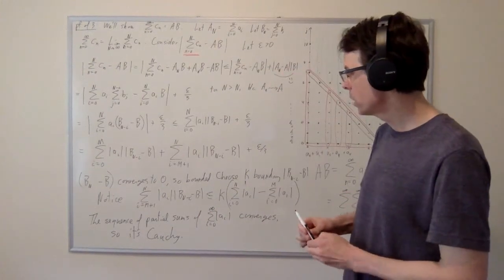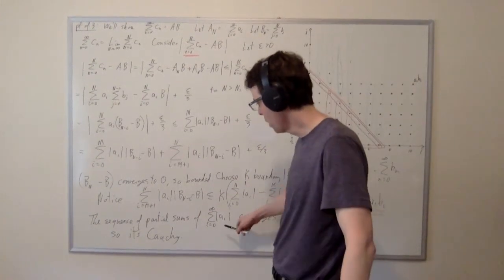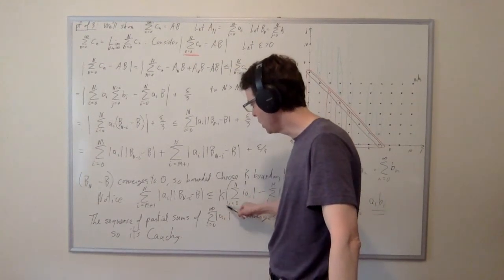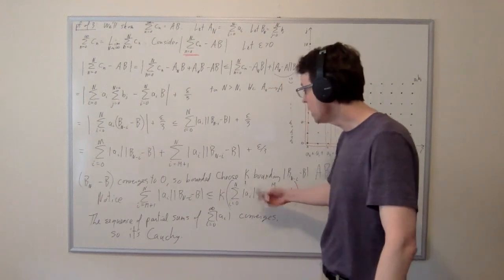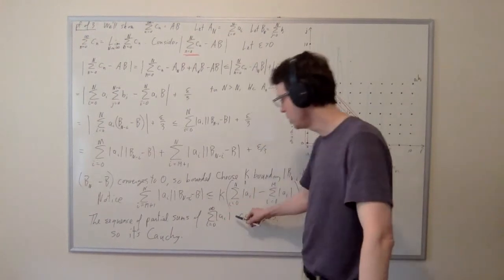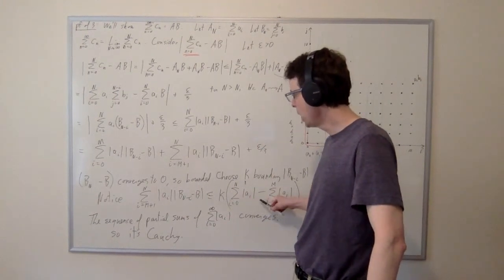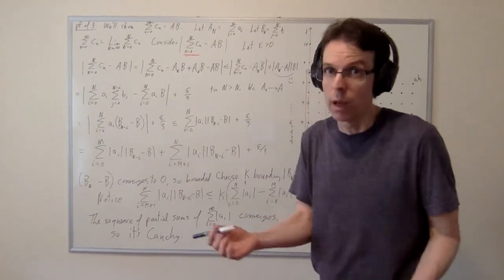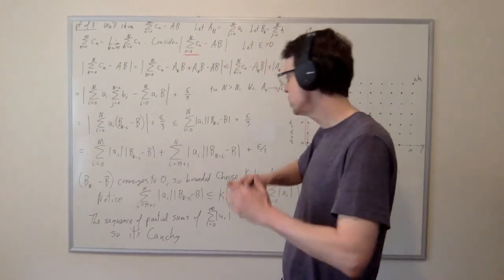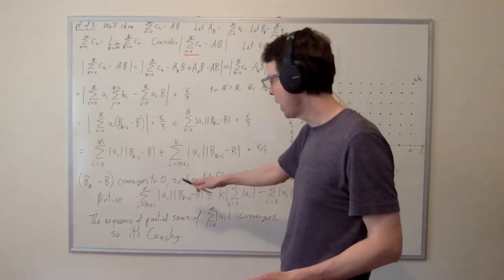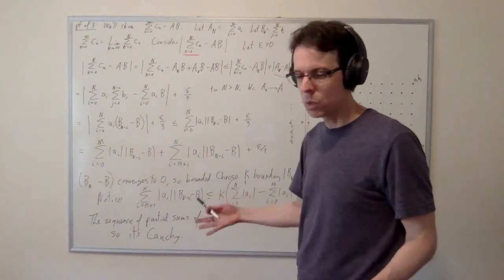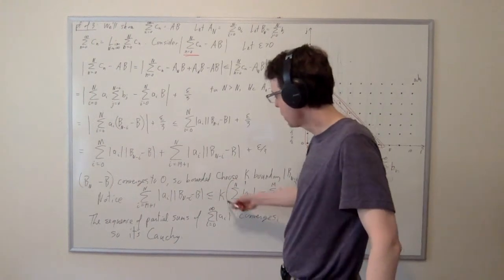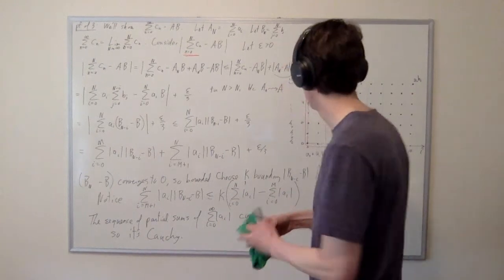And so what we're going to do here is invoke the Cauchy property on the sequence of partial sums for this absolutely convergent series in order to say that there is some value of m, beyond which the difference between any two terms will be as small as we want. Now, how small do we want it? We want it small enough that I'll cancel the K and end up with an epsilon over 3.